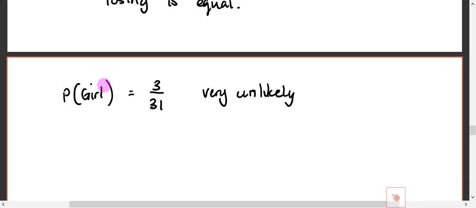The probability of seeing a girl pirate is very unlikely. Maybe. Okay. I look down the results for those that pass and fail. The probability that it's a girl that fails is very unlikely.